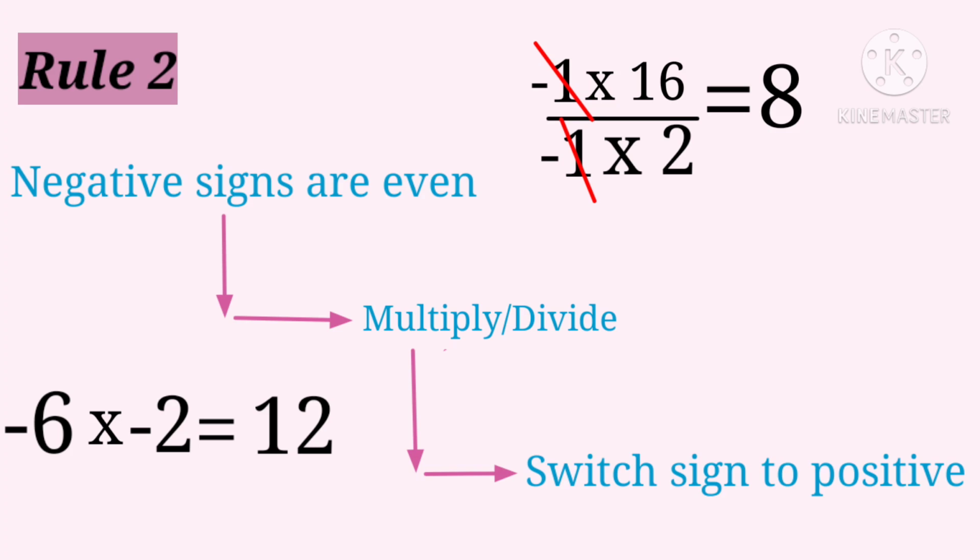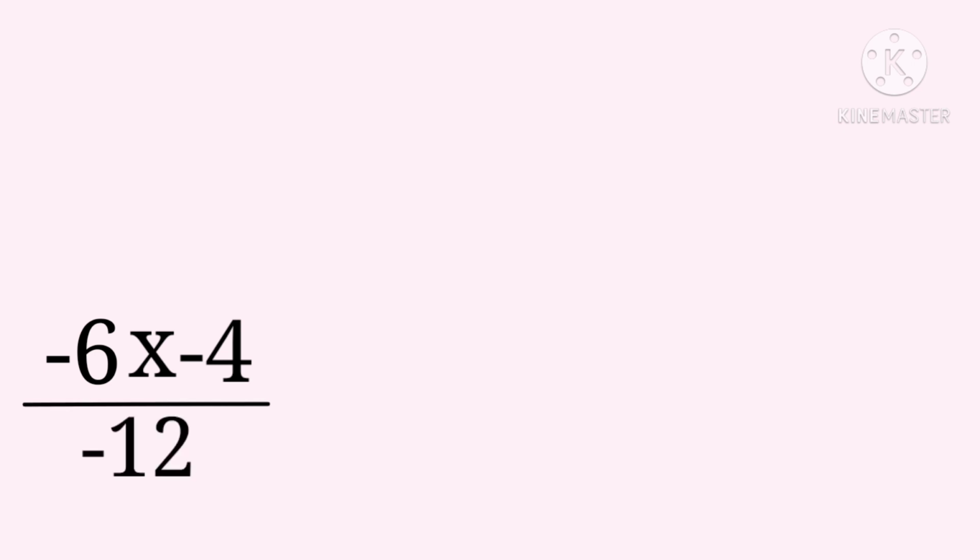Let's look at two more examples. What if we are given a problem like negative 6 times negative 4 divided by negative 12? By looking at it, we can decide if our answer will be positive or negative by counting the amount of negative signs that are present. We have 3 negative signs, and since 3 is an odd number, then we know our answer will be negative.